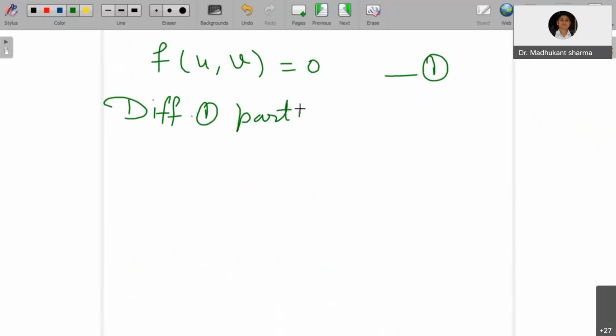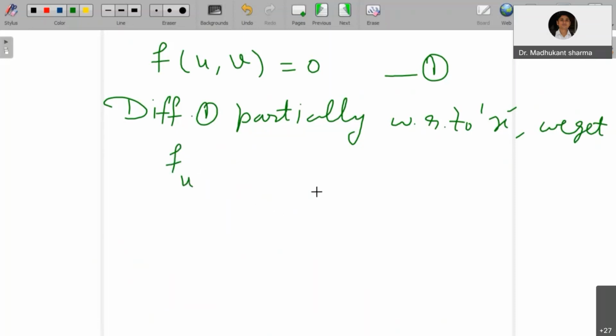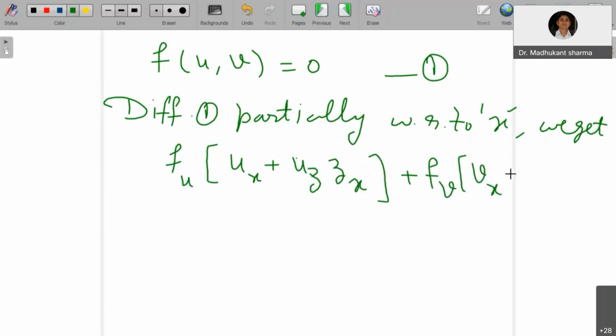So differentiating 1 partially with respect to x, we get fu times ux plus uz times zx, plus fv times vx plus vz times zx, equals to 0.